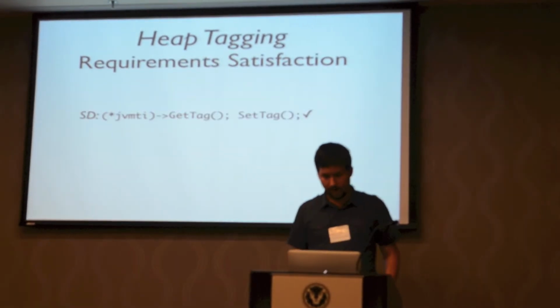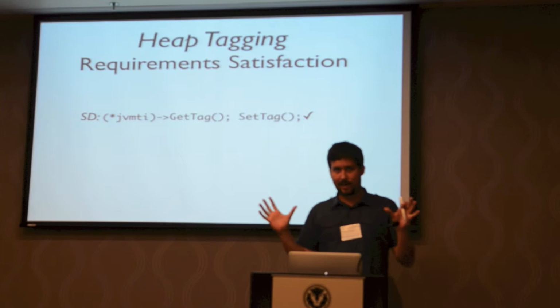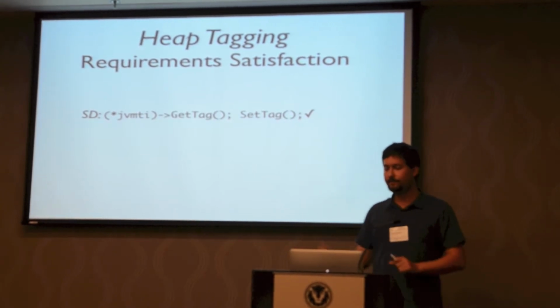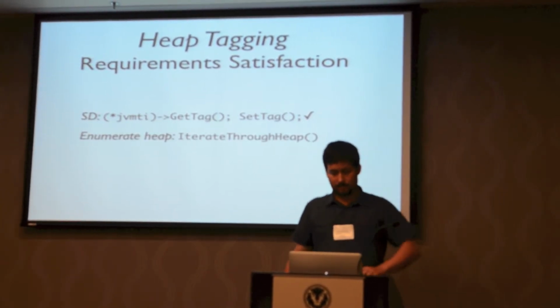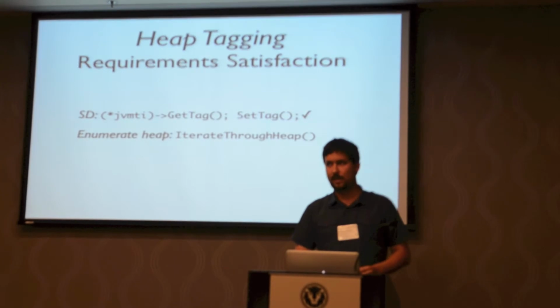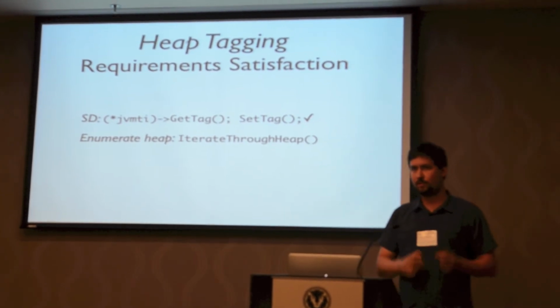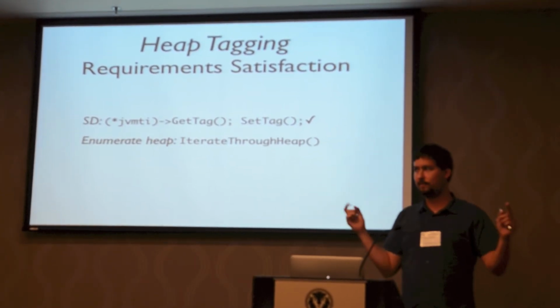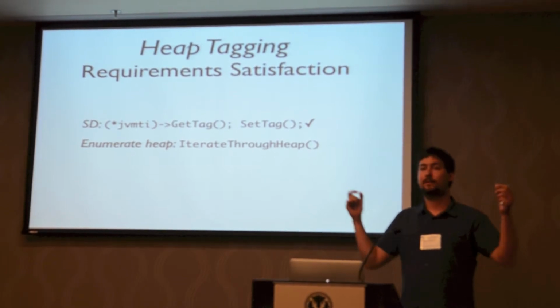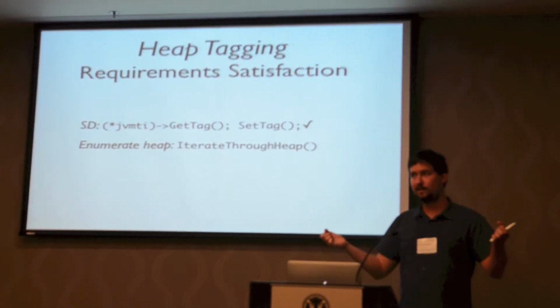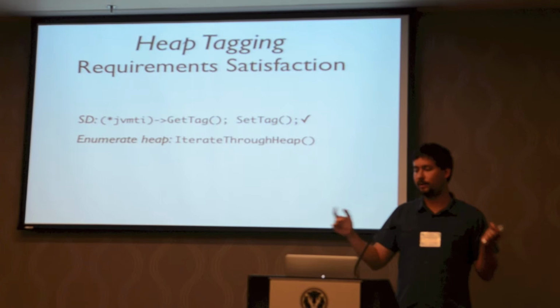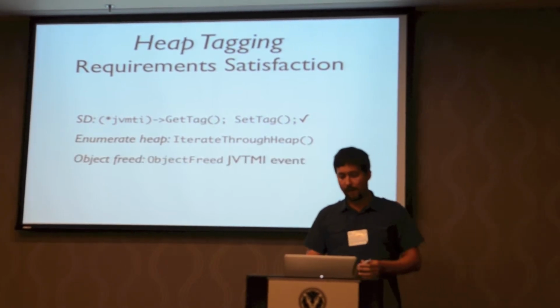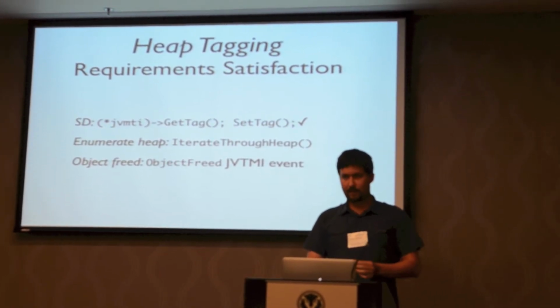Yeah. So the JVM TI API gives us SetTag and GetTag. It's nice enough to give us a heap iteration method. We can just go over all the heap objects, and now comes the best part. We can say that we want only the tagged objects. So we're really getting only the objects that we're interested in. And it's giving us an event.